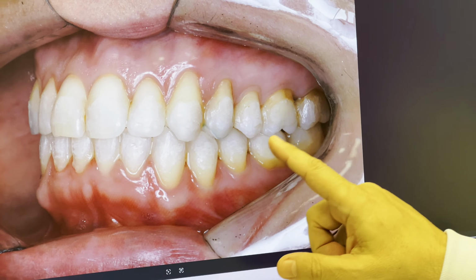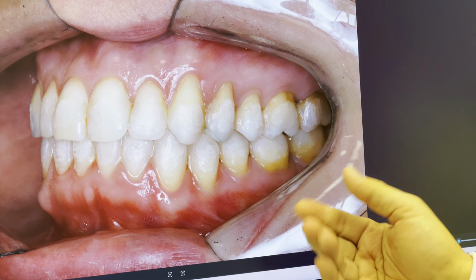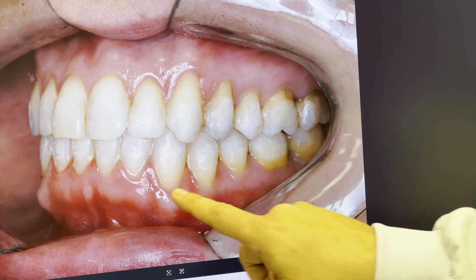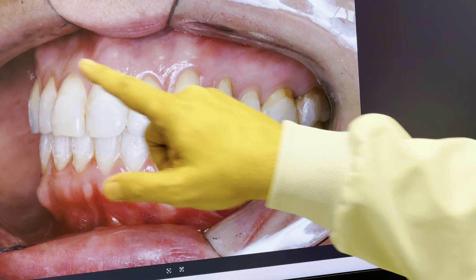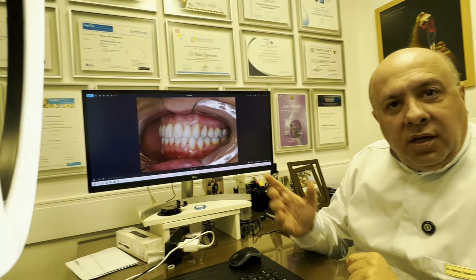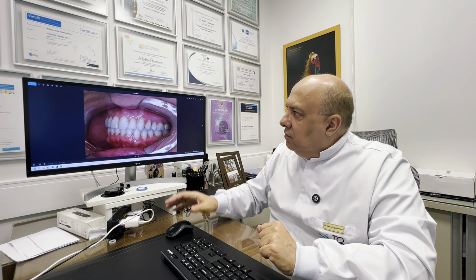There is no negative torque on the posterior. You can see even the color of the gingiva at this moment is really much better than in the beginning. And the case is very, very short. I can treat a case like this if I use this concept in less than 2 years. Okay, less than 2 years, the case is ready.